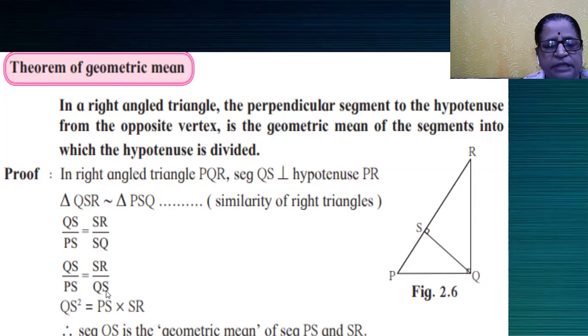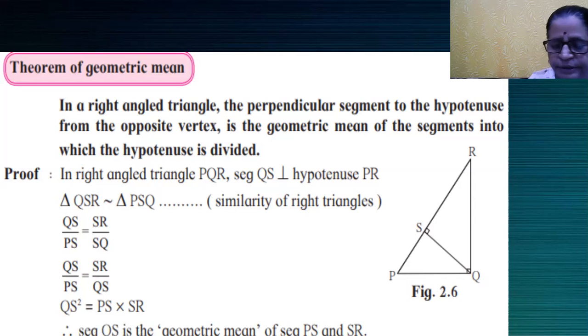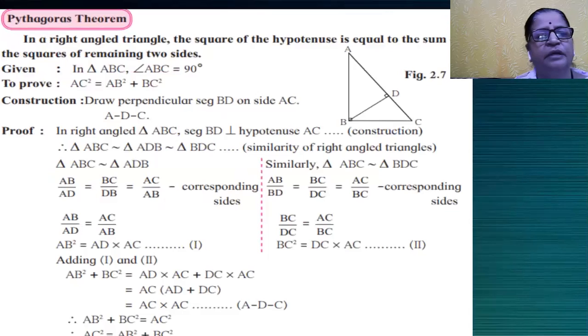Then this square and this square are the same. So when this and this are multiplied, we get QS square is equal to PS into SR. The segment QS is the geometrical mean of the segments PS and SR. Here we get it. And next, we are going to study the Pythagoras theorem.